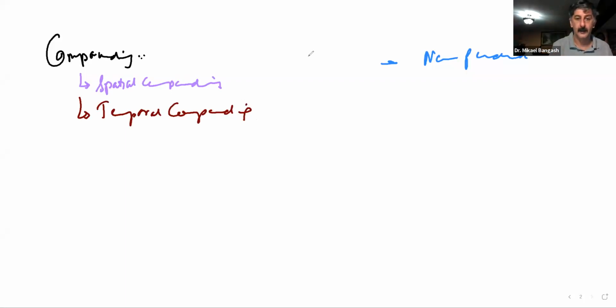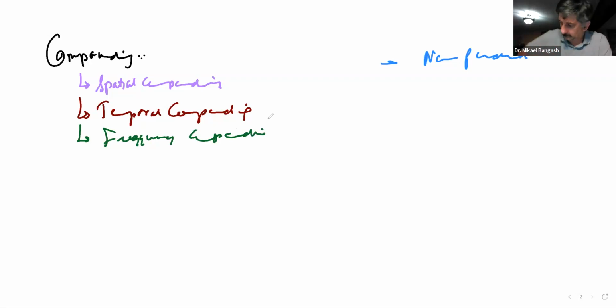And then as a last one, frequency compounding. Is that clear?